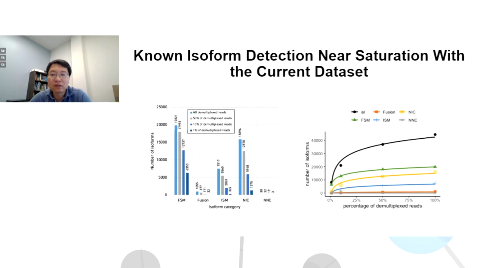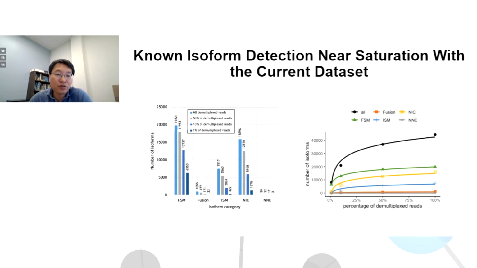So lastly, we're wondering how much sequence we need for isoform identification with the long reads, so that we can design our future experiments. We performed a simulation by subsampling the reads from 1% all the way to all the reads we have.